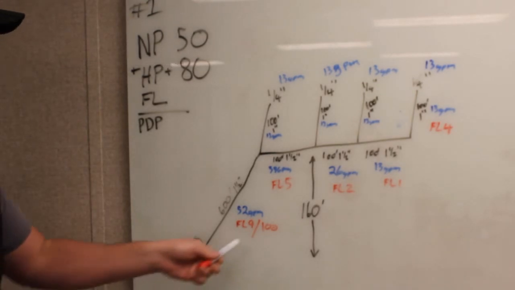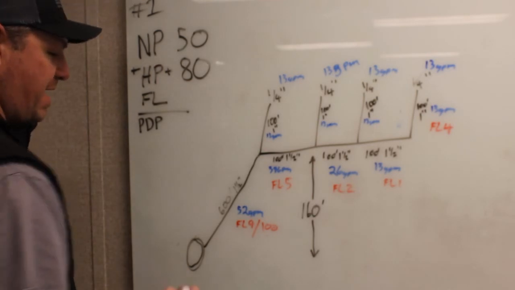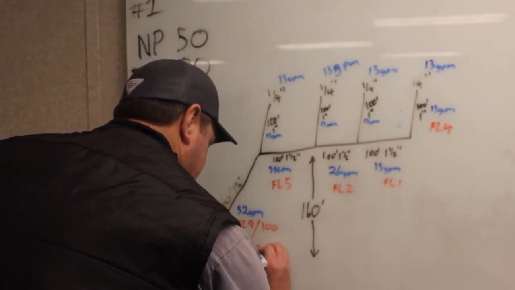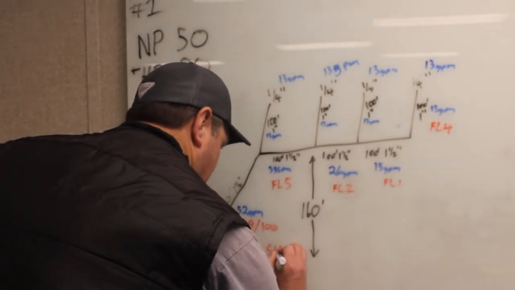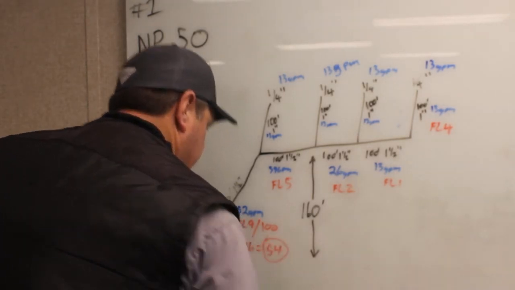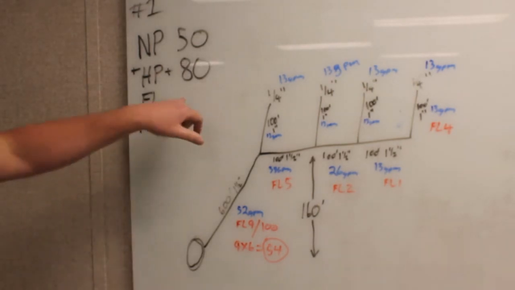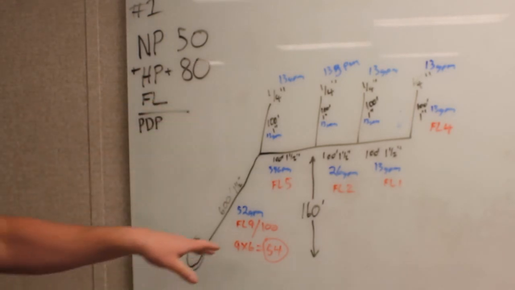There are 600 feet, which means I have 6 lengths of hose. So at 9 per length of hose, I get 9 times 6. 54. Or 54 psi of friction loss in this chunk of the hose lay.